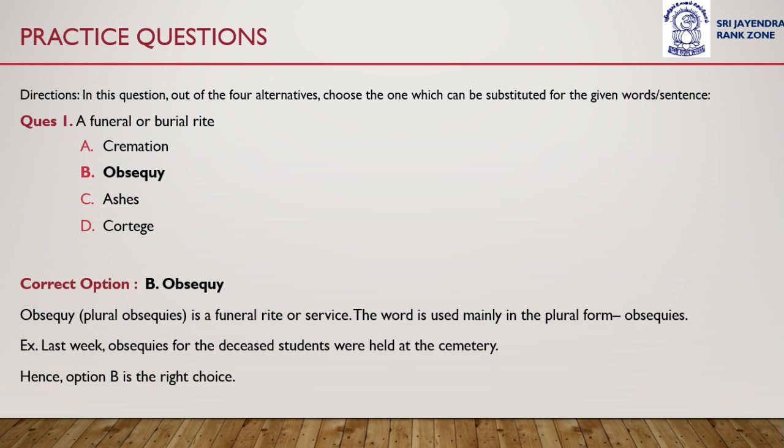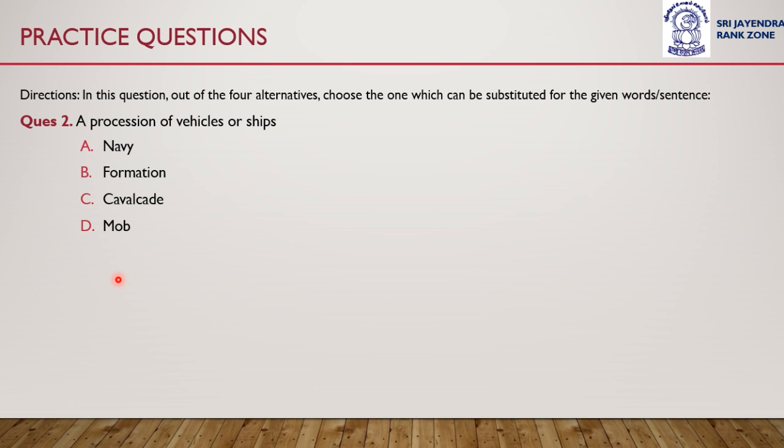Let's move on to question number 2. A procession of vehicles or ships. We have to choose one word which can substitute the whole sentence. A procession of vehicles or ships. This whole phrase, what can we use? Option A, navy. Option B, formation.